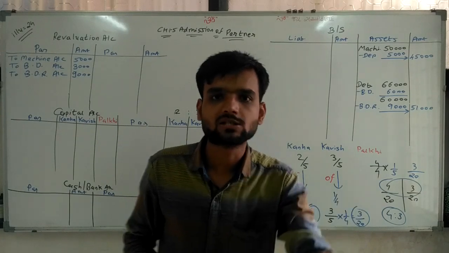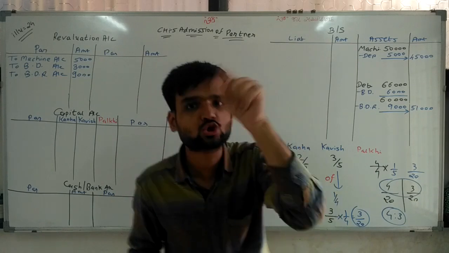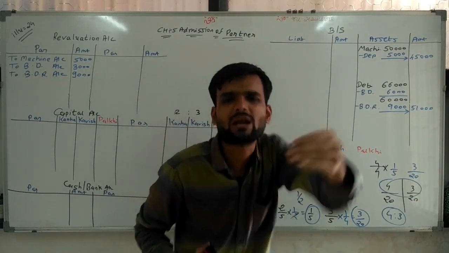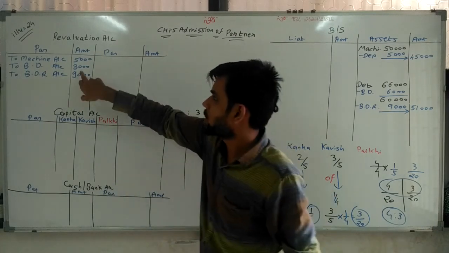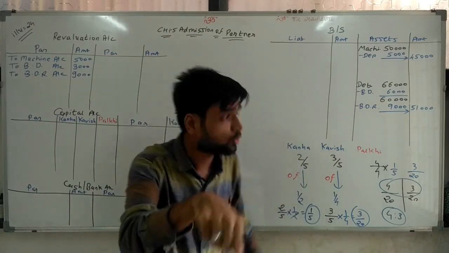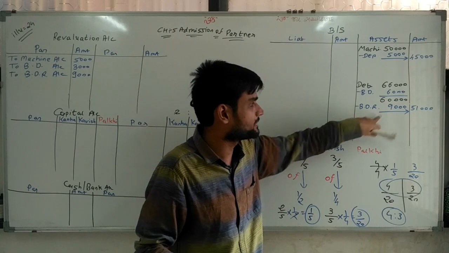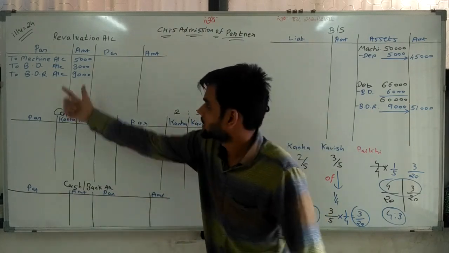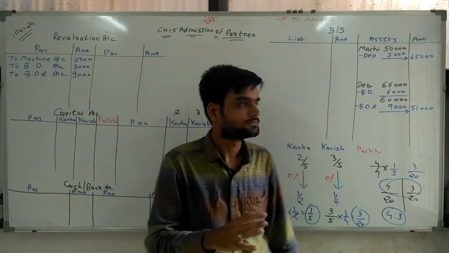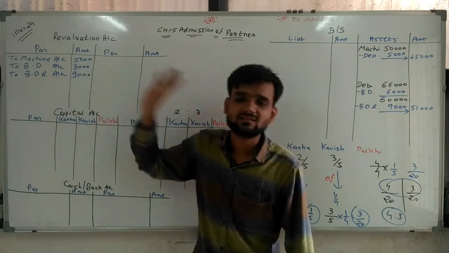Here already bad debt reserve given 3,000. It means we know 3,000 may be bad debt. But actual bad debt arises 6,000. 3,000 more bad debt, so more bad debt is loss, debited to revaluation account. Even though next bad debt is also possible, bad debt reserve 9,000 is also loss, debited to revaluation account. So here 6,000 and 9,000 we cannot write directly.